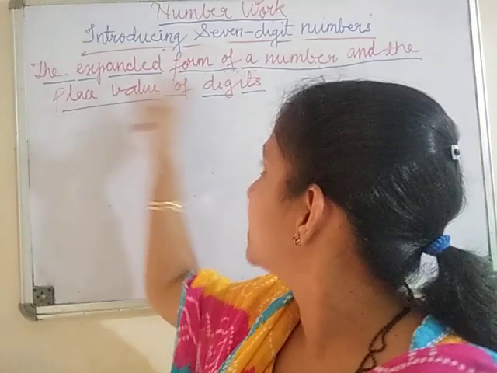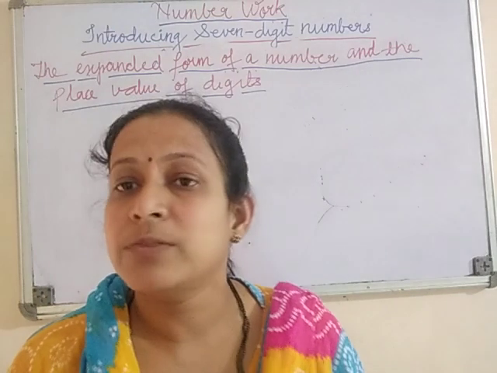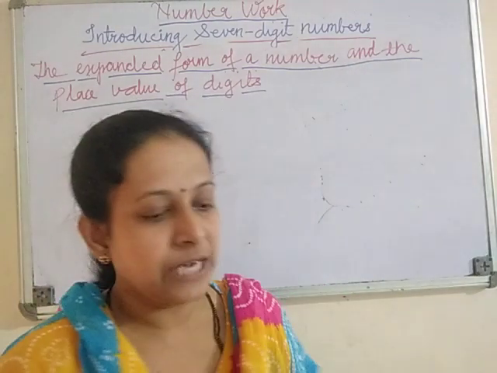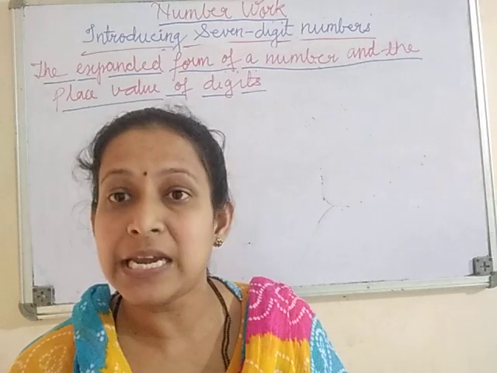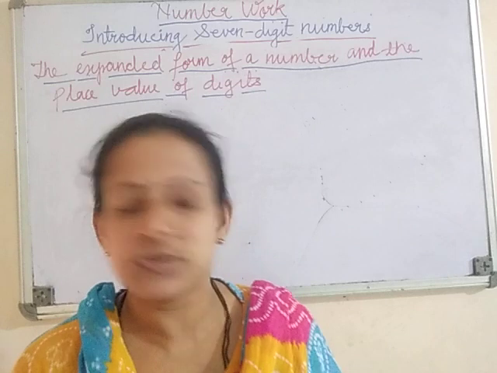Before we move on to the expanded form of a number and the place value of a digit, again in problem set number 4, there is the second question. Given below are the deposits made in the women's cooperative credit societies of some districts.